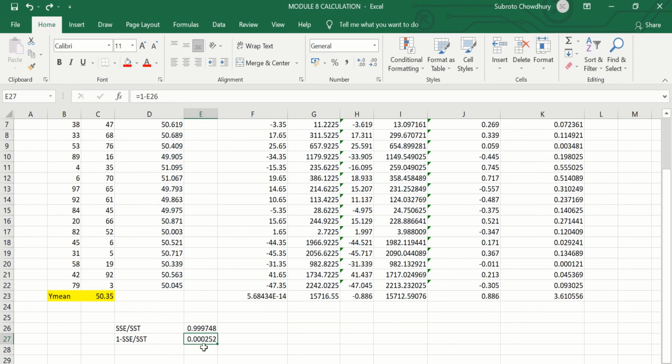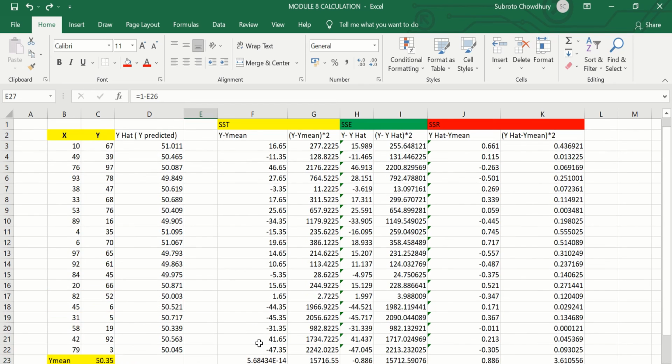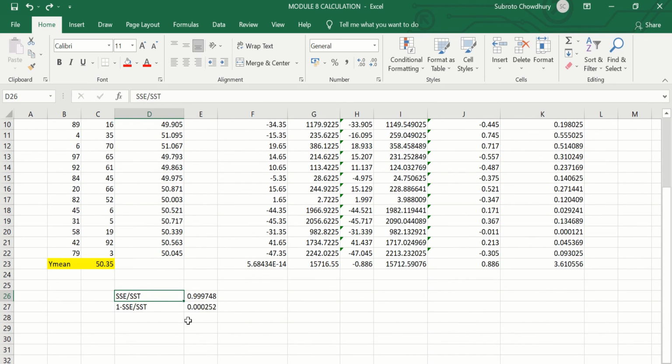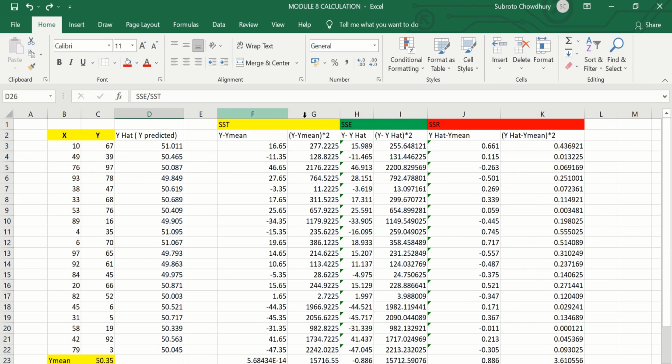I am explaining again. This is the sum of square of error divided by the sum of square of total. Total is the difference between your actual value and the mean value. Sum of square of error is the difference between your actual value and the predicted value. Sum of square of regression is the difference between the predicted value and the mean value, right?